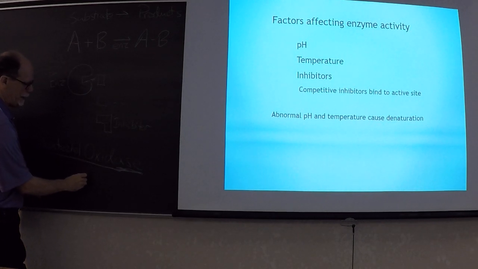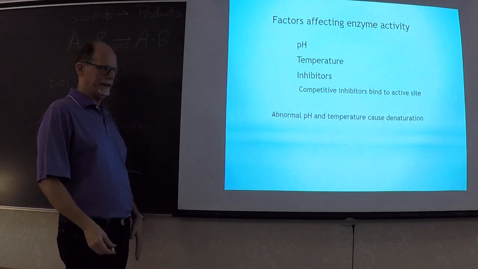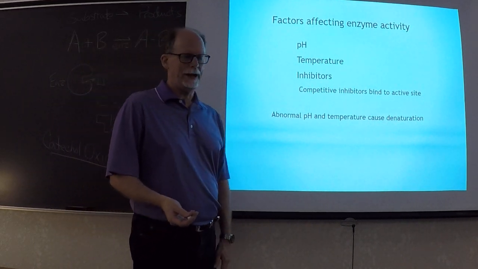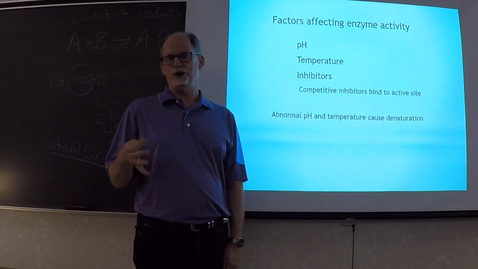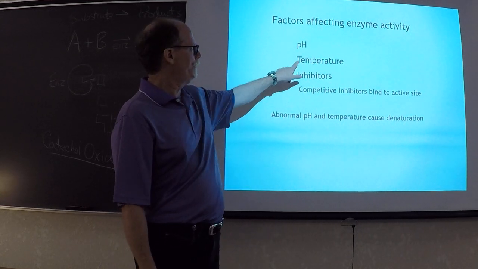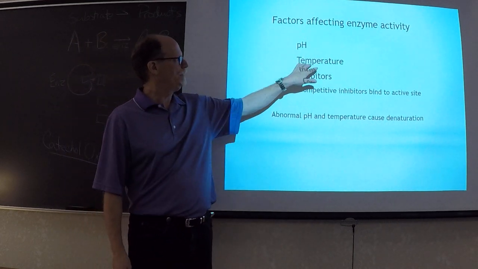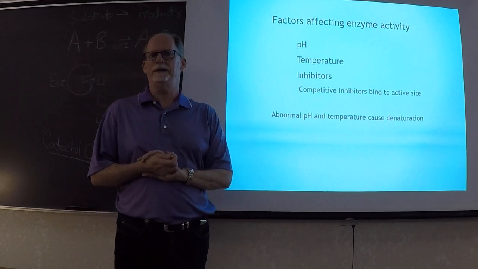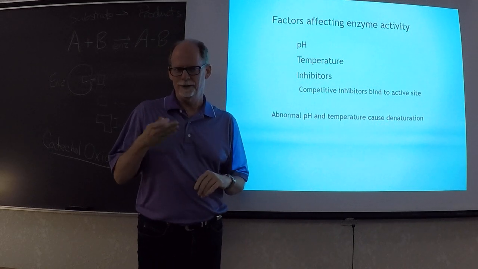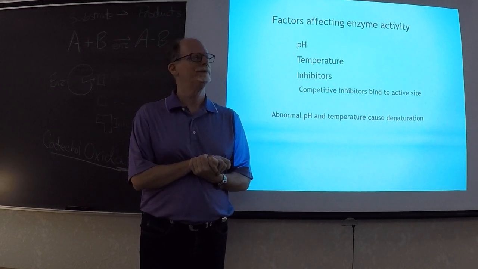And potatoes live outside, so their enzymes need to function at all sorts of different temperatures. So when we do different temperatures in lab, it doesn't really start to affect the activity until you get above 50 degrees centigrade, which is pretty hot.